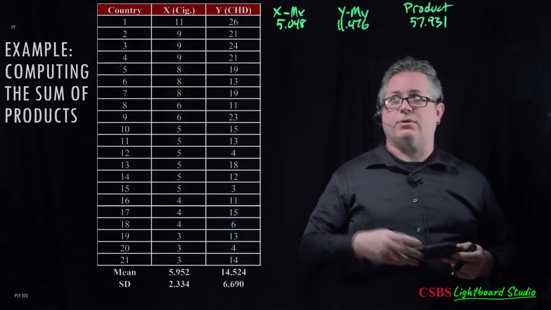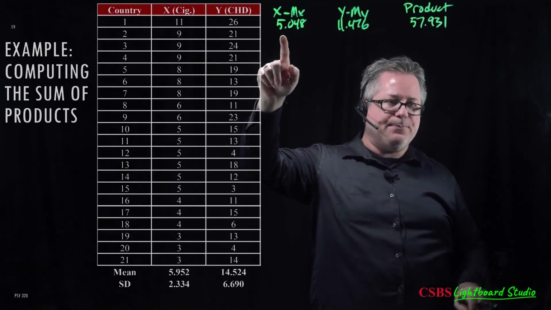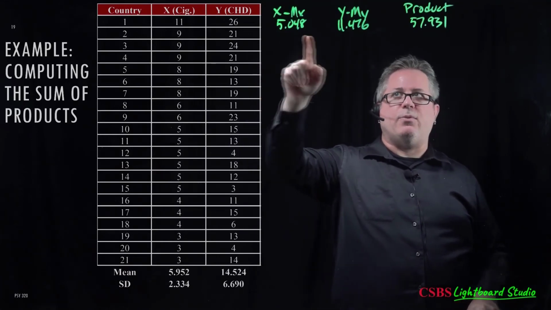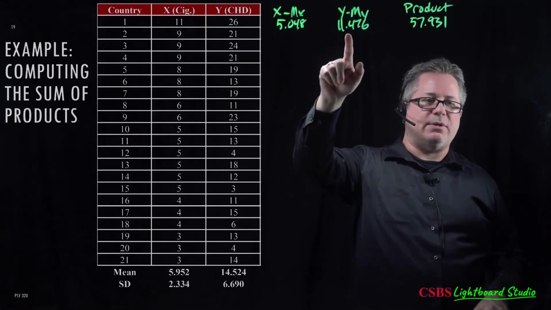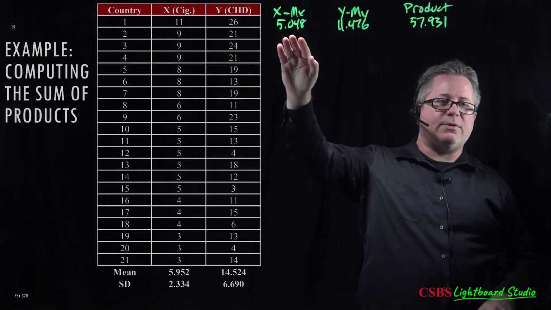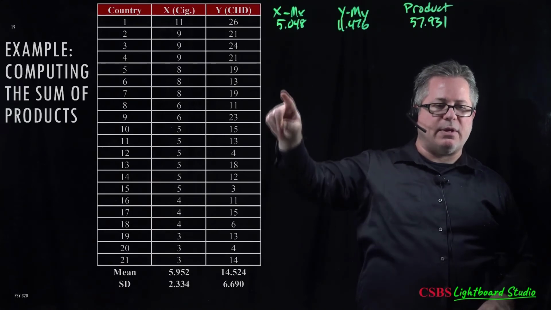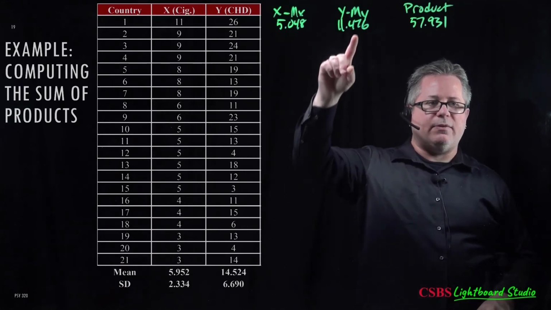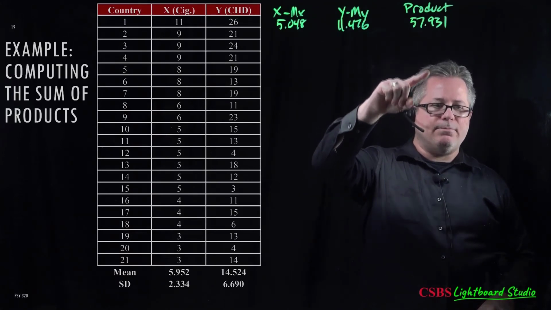So I took how far away their x score was from the x mean, found out how far away their y score was from their y mean, then multiplied those two together to get a product for country number 1. I would continue to do this for all 21 countries: find the deviations around the x mean, find the deviations around the y mean, multiply them together.